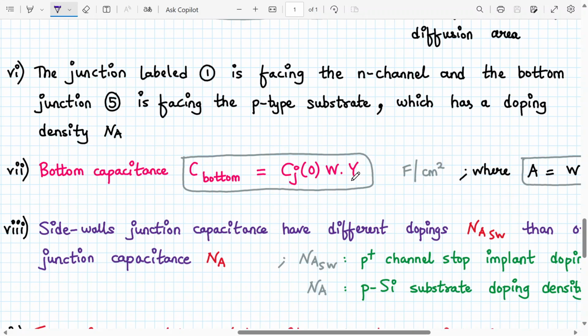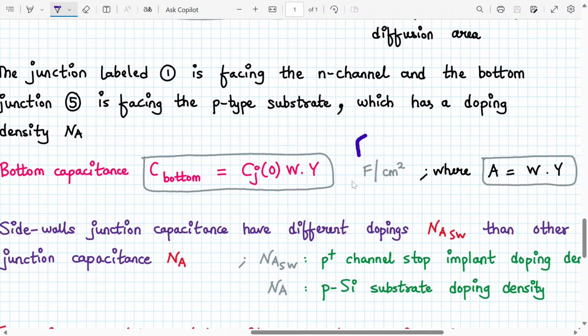So the unit will be farad actually. We will not write it as farad per centimeter square. C bottom capacitance will be Cj0 into W into Y, where Cj0 itself is farad per centimeter square.